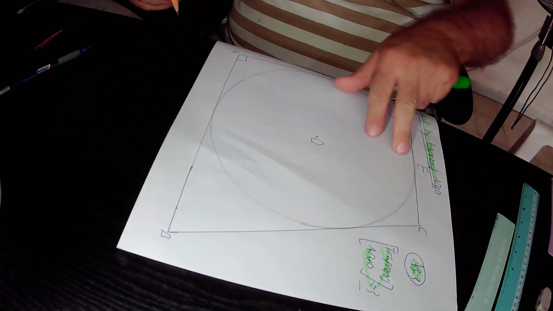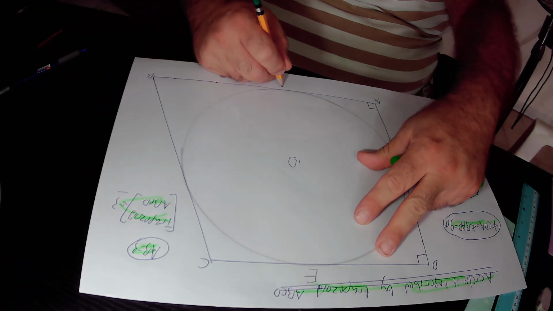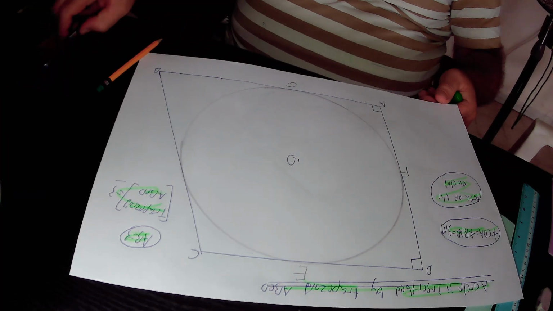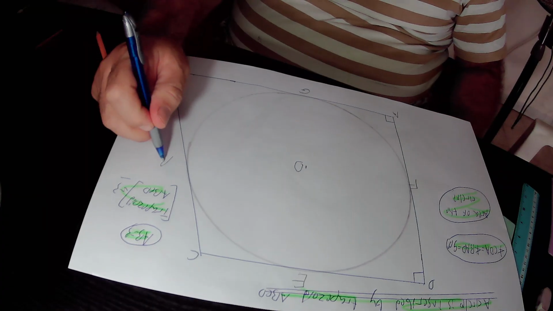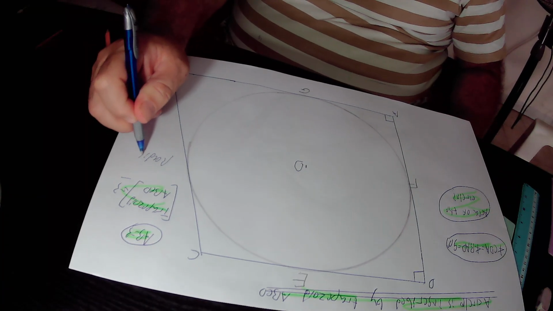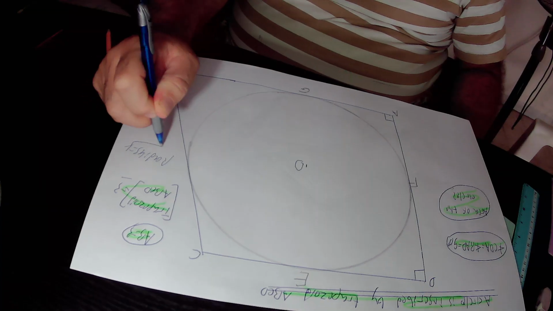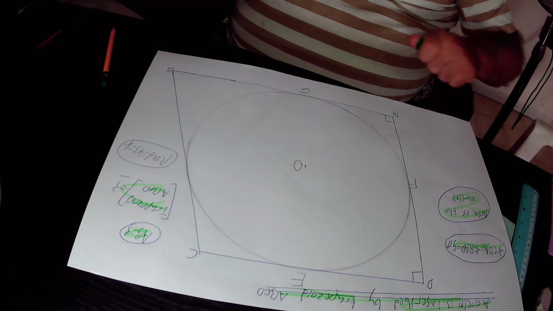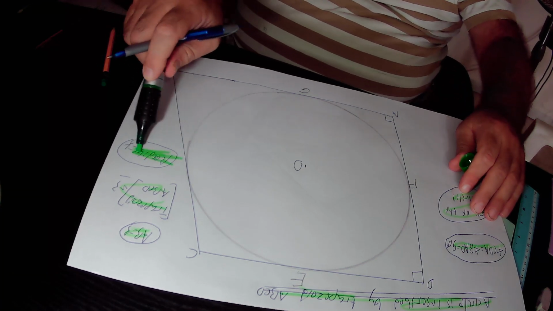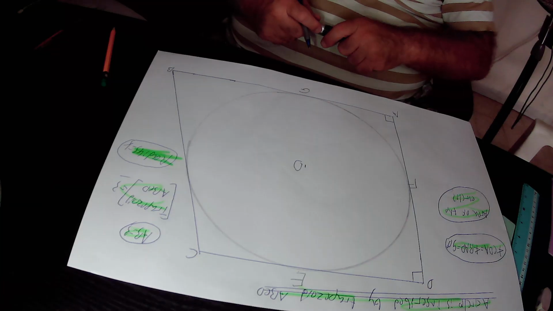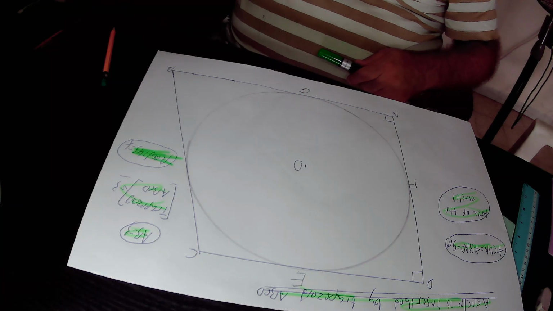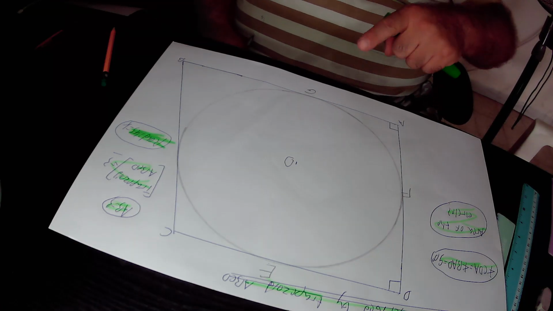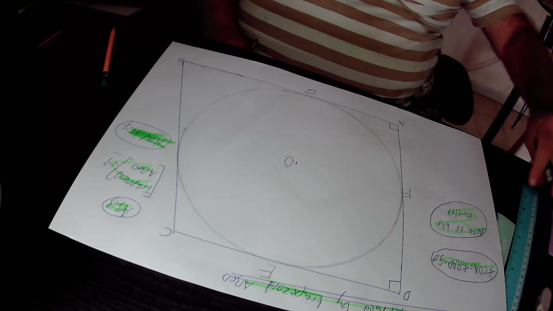This point is point G. We define the radius of this circle as X. In the next step, we will join points O and G together by a straight line.